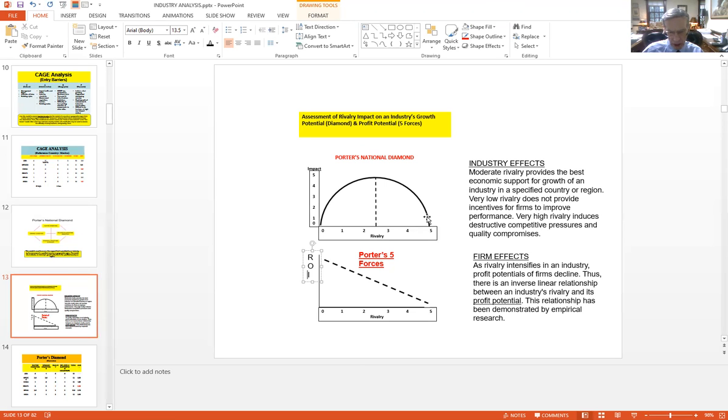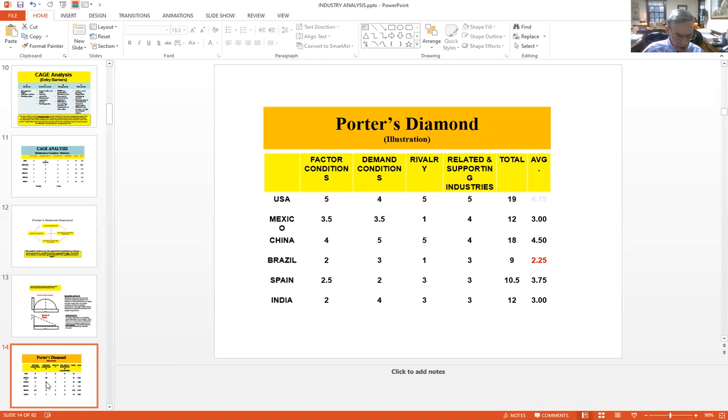It's a pretty rough world to live in, and the industry is certainly not healthy at this level. So what we learn is that moderate rivalry is the best for an industry's health and long-term growth, unlike in the five forces.